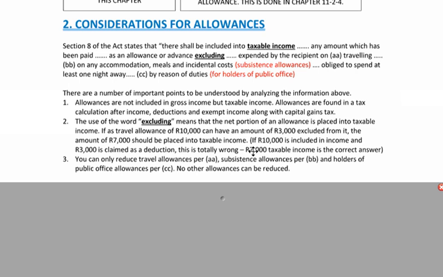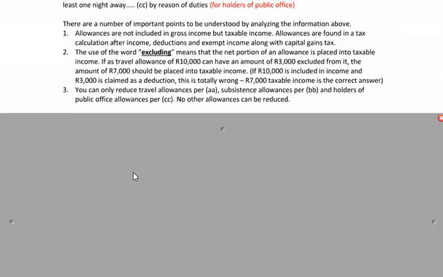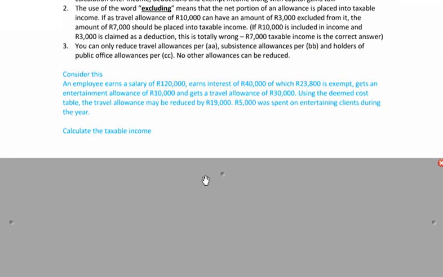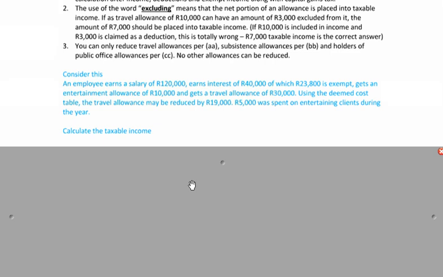And 3, you can only reduce travel allowances, subsistence allowances, and holders of public office allowances. No other allowances can be reduced themselves. So, I want you to consider this example.